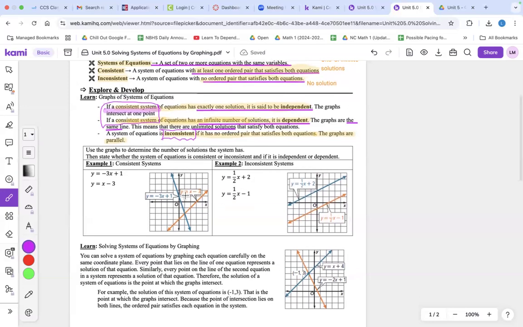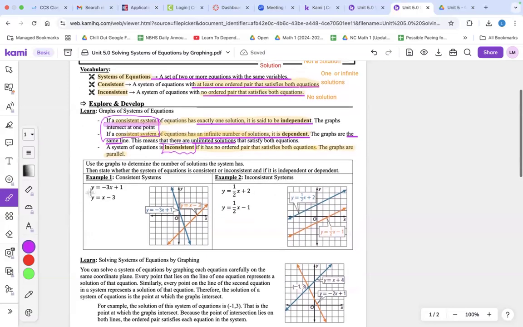So first of all, let's look at it. Here we have y equals negative 3x plus 1, y equals x minus 3. So they show us what our y equals negative 3x plus 1 line looks like. It's the blue one. And our y equals x minus 3 line looks like this. We can see that they cross right here.